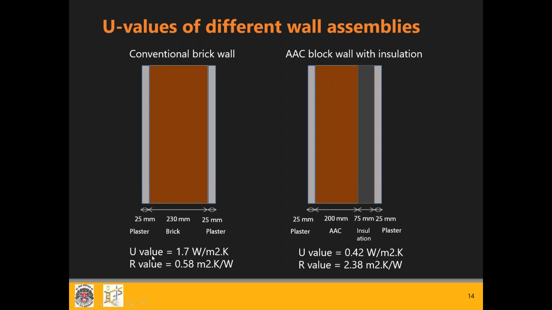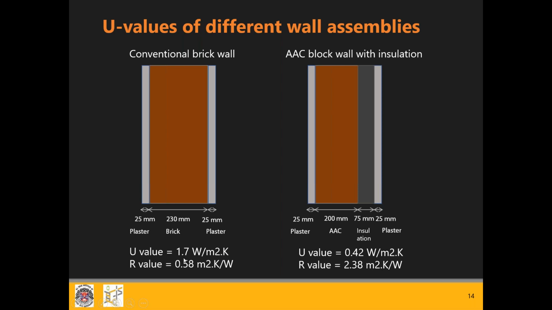If you calculate using the formula above, you will get a U value of 1.7 watt per square meter Kelvin and the R value of 0.158. So 1 by 0.158 is 1.7. As U value is just the reciprocal of this, you'll find that they are both interrelated.